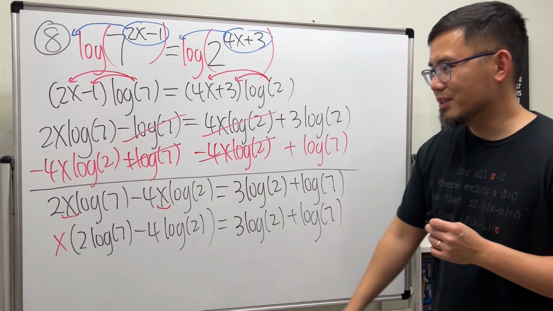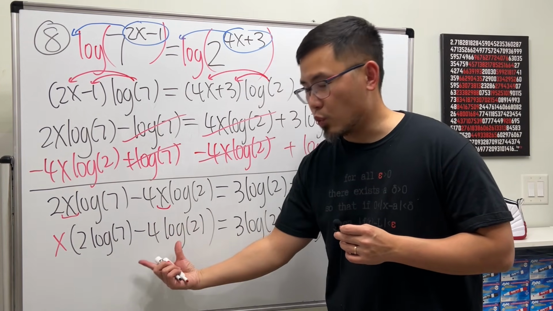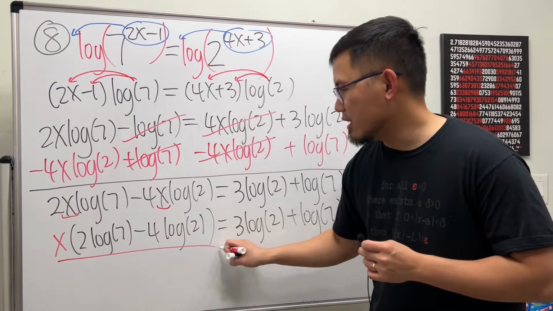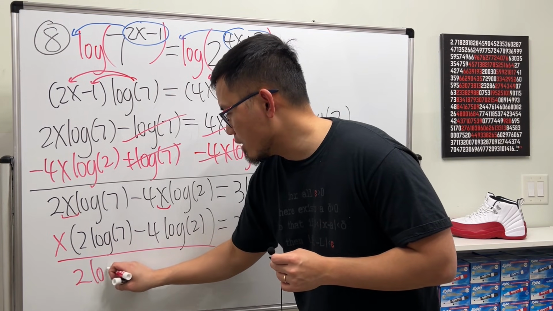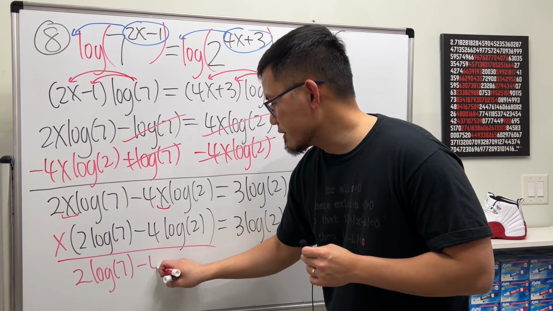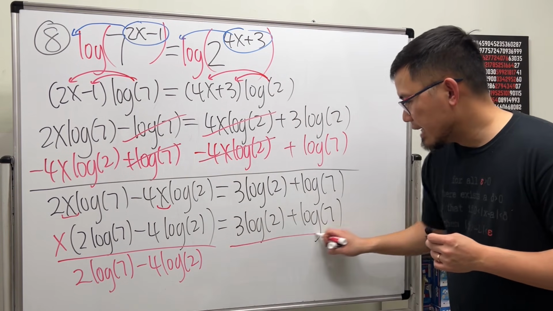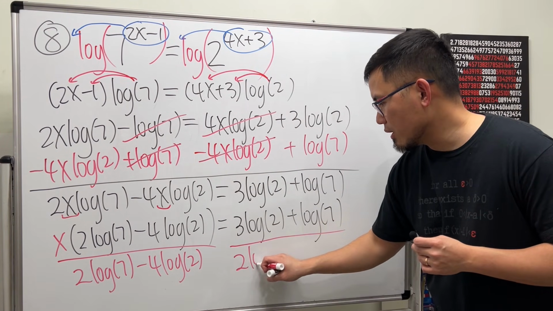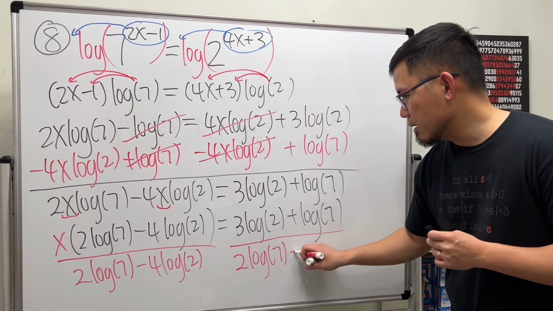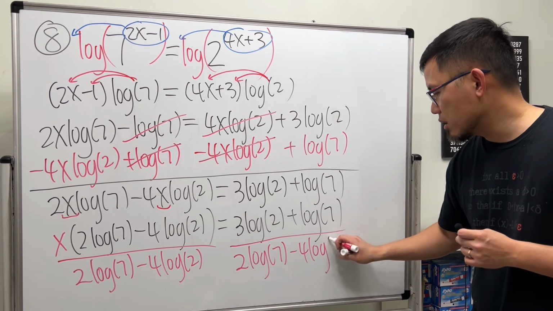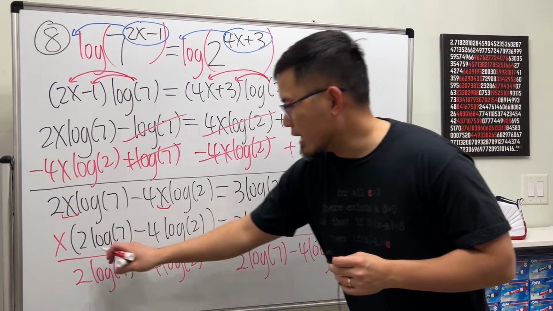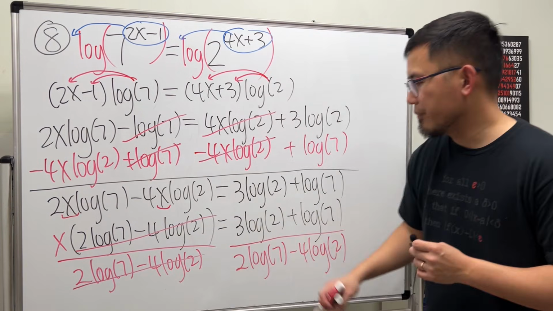And then finally, we have x times this quantity, so let's just go ahead and divide it by 2 log 7 minus 4 log 2. Go ahead and do the same thing right here: 2 log of 7 minus 4 log of 2, so that this and that can cancel.